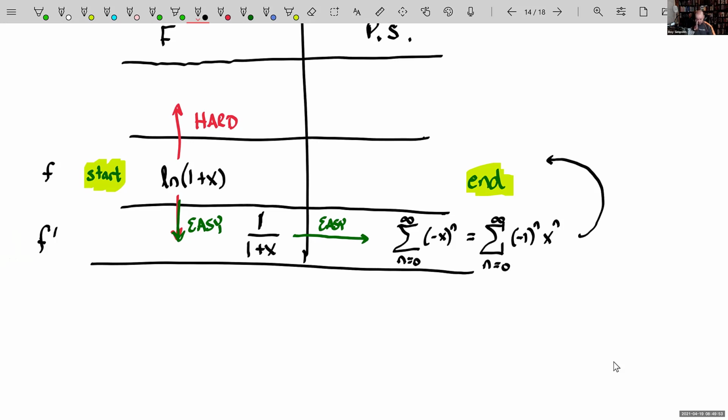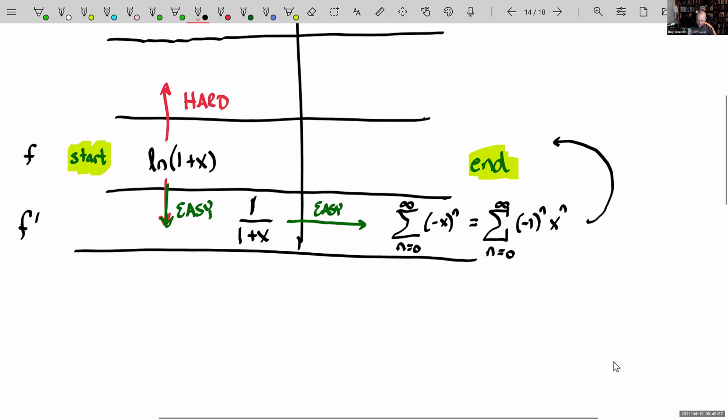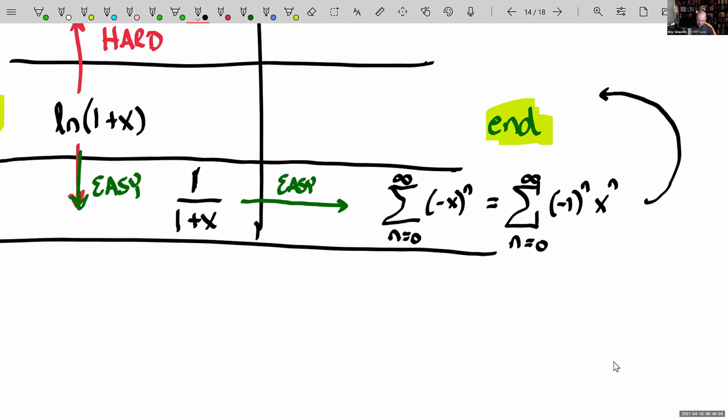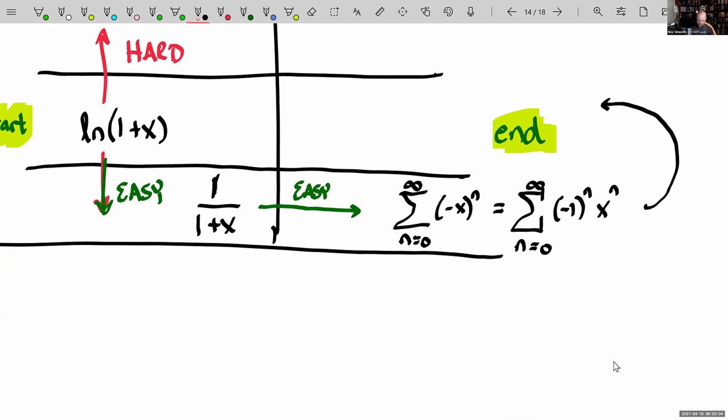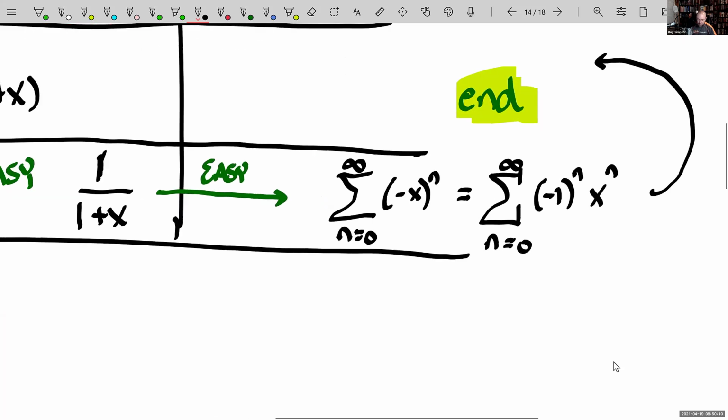So this is going to be, let's see if that's actually right. I feel as though there's something. No, that's right. That's right. Yeah, that is absolutely right.